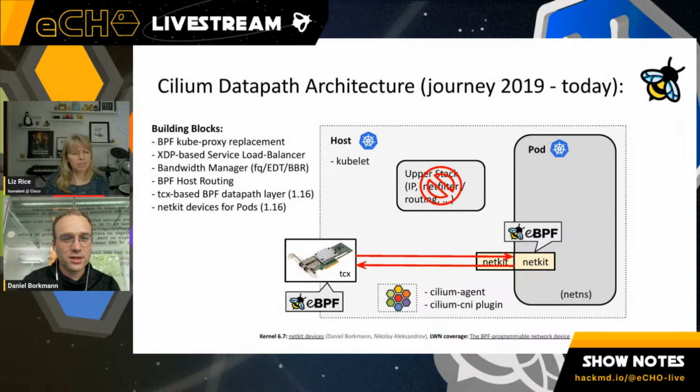So maybe we can rethink that approach and do something better in general, which might then be supportable by various other virtual devices as well, not just limited to netkit. That's something I'm planning to look into further out in the future.